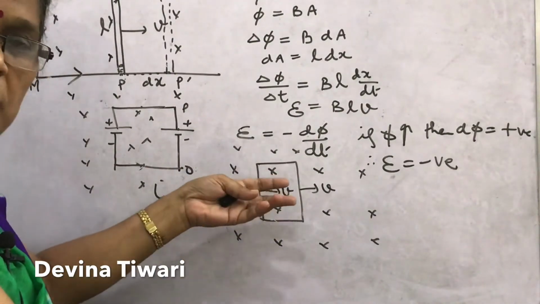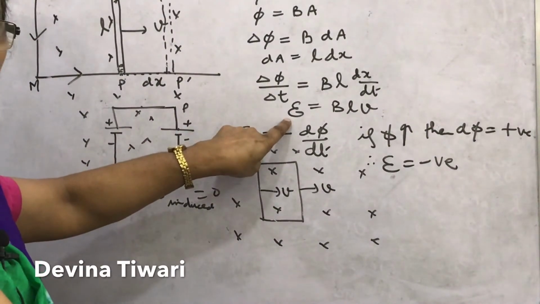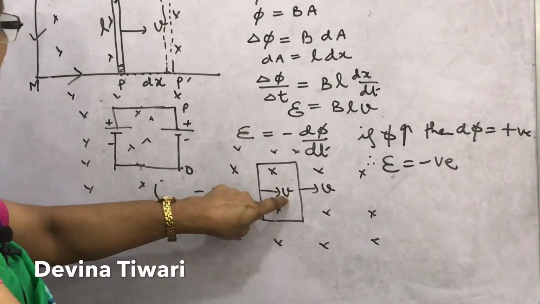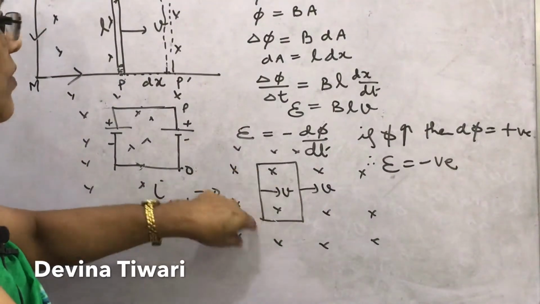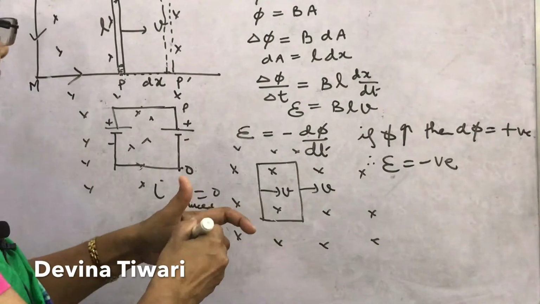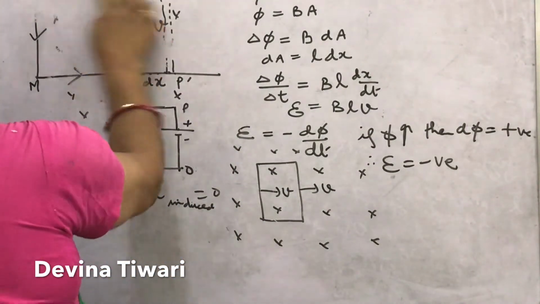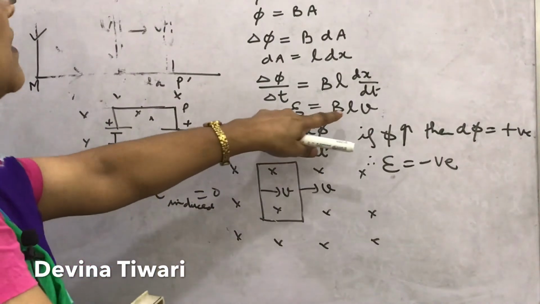Their number will remain the same. If flux change will not be there, then no net induced EMF, that is, no induced current.